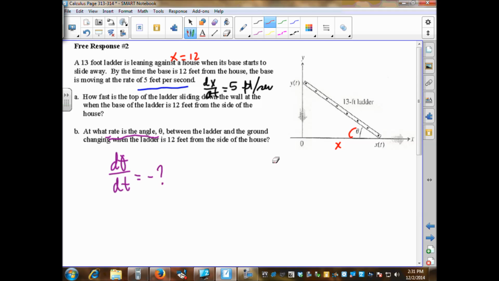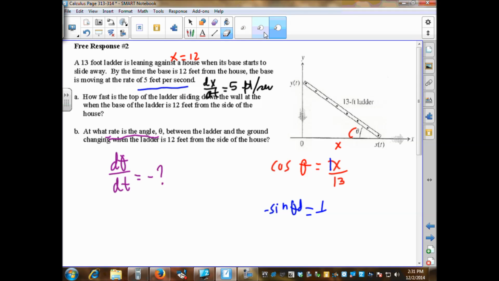So I know that the cosine of theta will be adjacent over hypotenuse. We'll do our derivative now. The derivative will be negative sine theta, equal to dx dt.